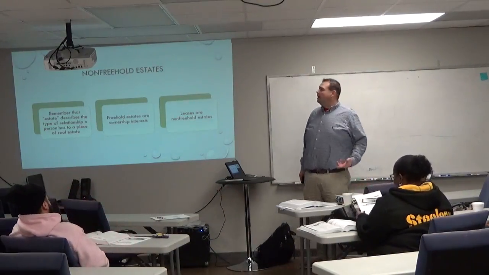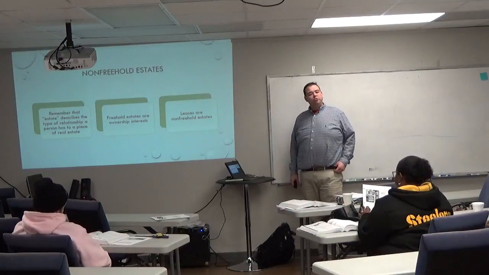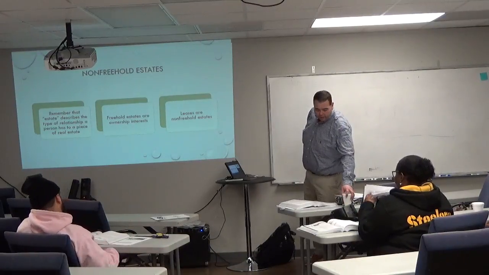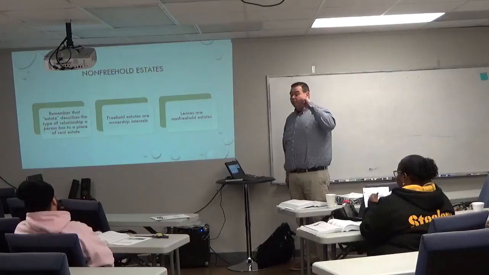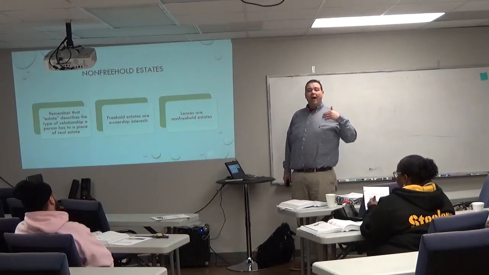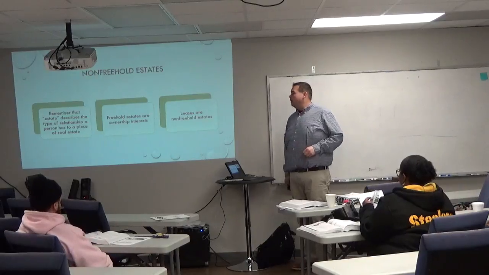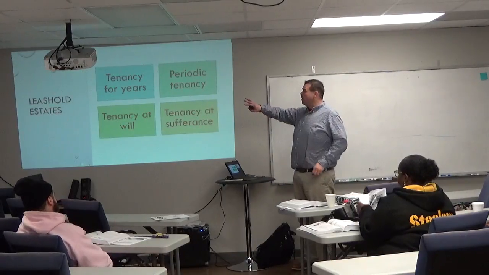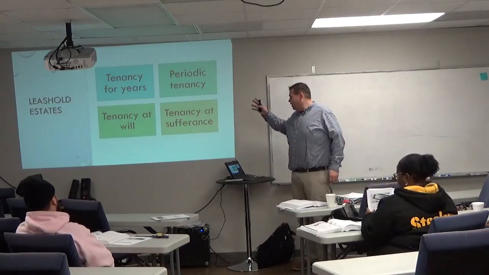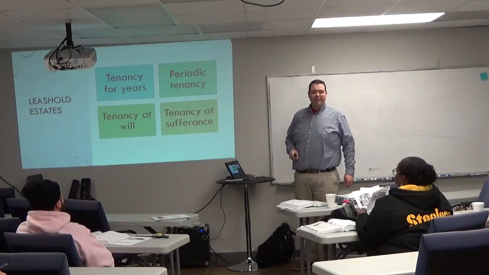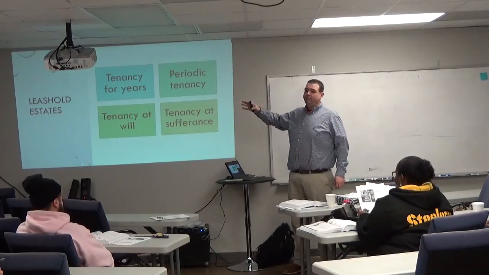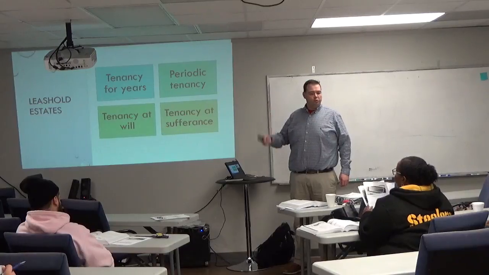And there's a lot of different ways that leases can be structured, so we need to talk about what those different ways are. What are the different legal structures of leases? How is the rent paid? How does that change based on the structure of the lease? So we're going to talk about these 4 main categories of leases. These are the 4 ways that a lease can legally be structured.